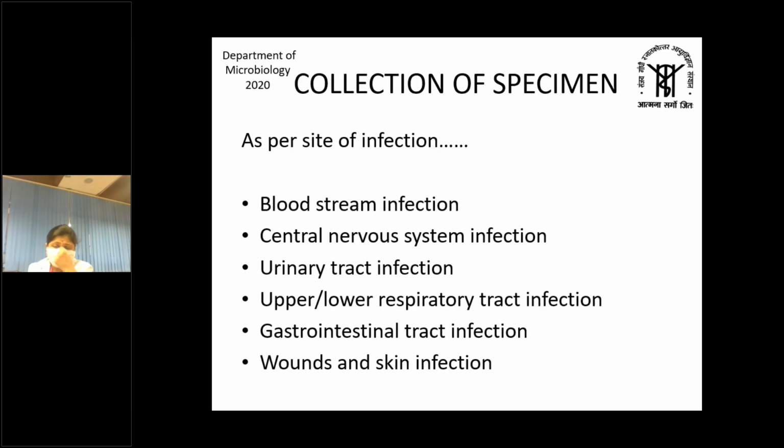Then coming to the collection of specimens as per the site of infection or the clinical syndrome. So they are bloodstream infections, patients in sepsis, central nervous system infections such as meningitis and encephalitis, urinary tract infections, upper and lower respiratory tract infections, gastrointestinal tract infections, and wounds and skin and soft tissue infections.